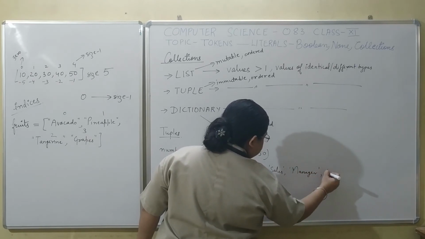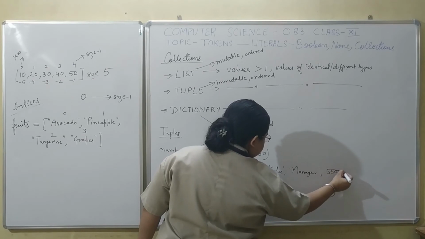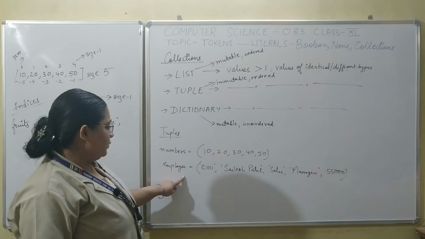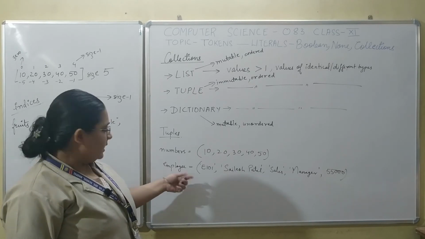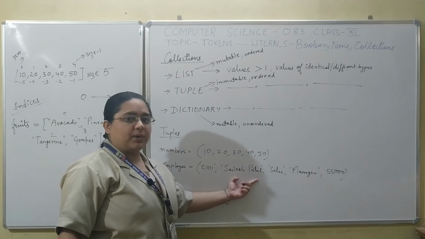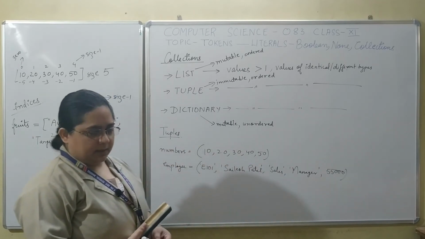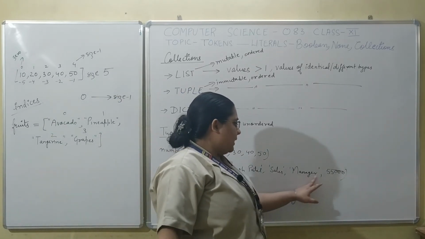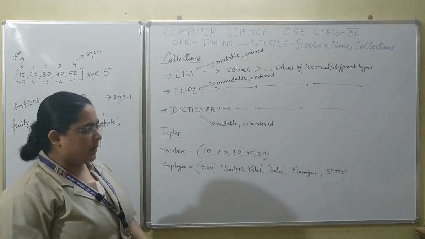So here you can see that we have declared a tuple which stores one record of an employee, where you can see the employee number, employee name, department, designation and salary of the employee.